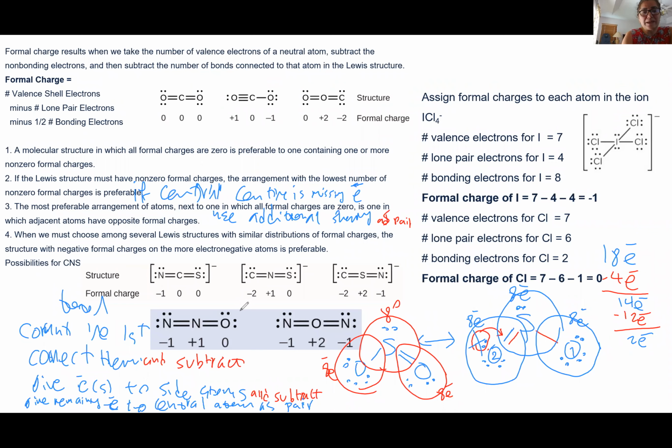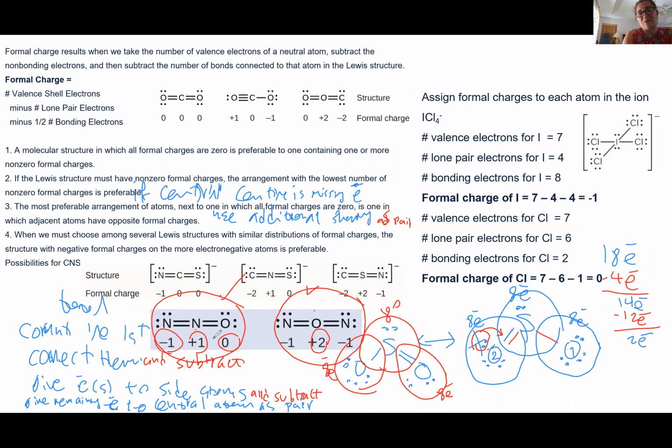So what makes the structure for N2O on the left side better than the one on the right side is, to back up these rules, you have oxygen that has 0, and then the 2 nitrogens have a +1 and a -1. In the other structure, you have oxygen that has a +2, and everything has formal charge.